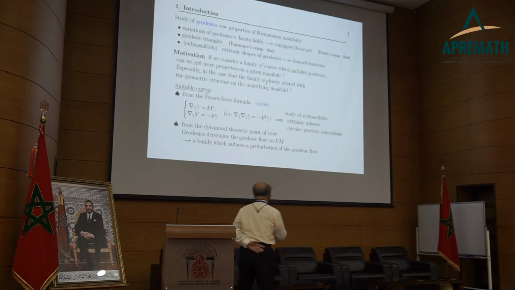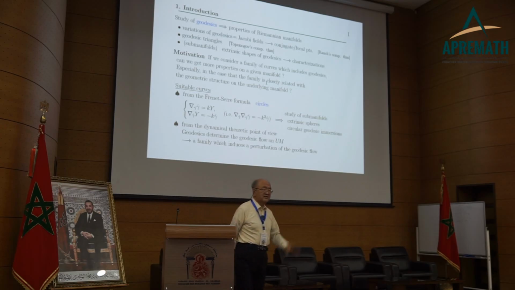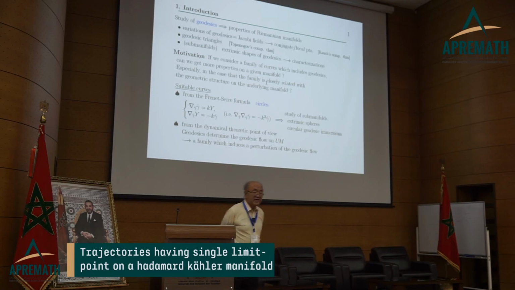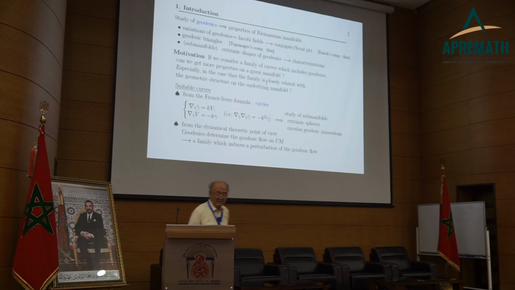As I said before, circles are used to study submanifolds. For example, the characterization of extrinsic spheres, and also there are many results on isometric embeddings by using the extrinsic shape of circles from the ambient space.